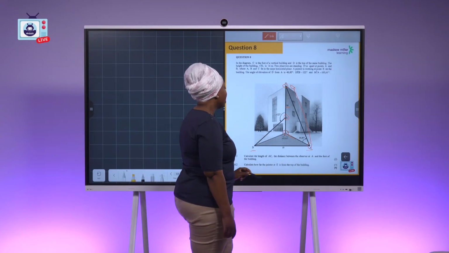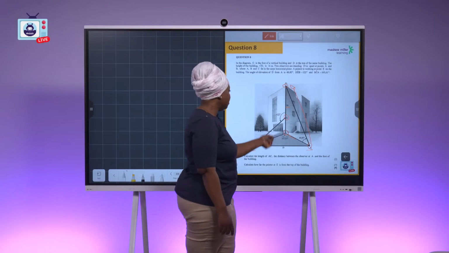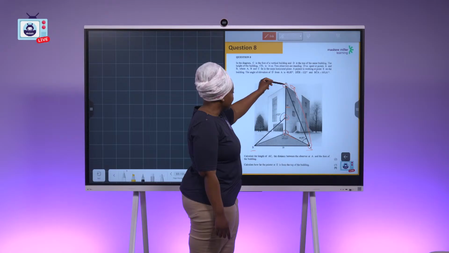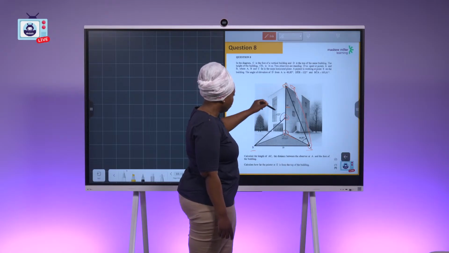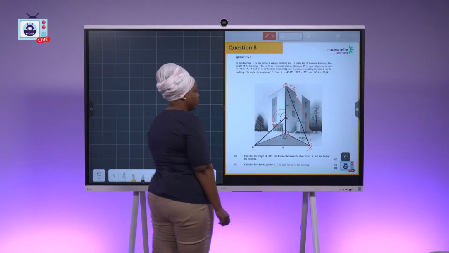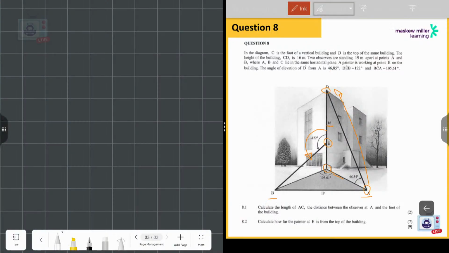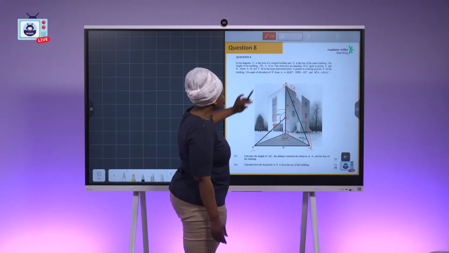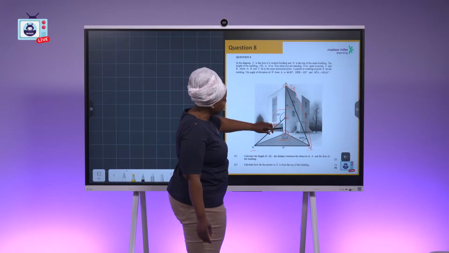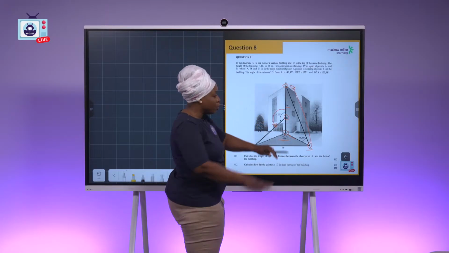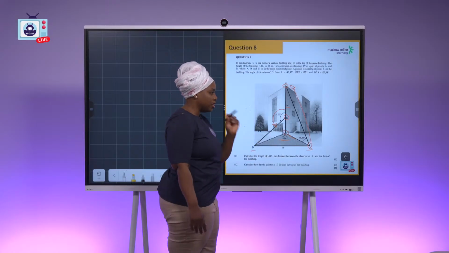We are also given that angle EB, this angle here, equals 122 degrees. And also we are given that angle BCA is 105,61. So that is the information we have. Just remember that the angles on this plane are always 90 degrees.